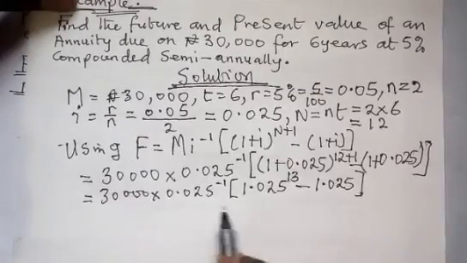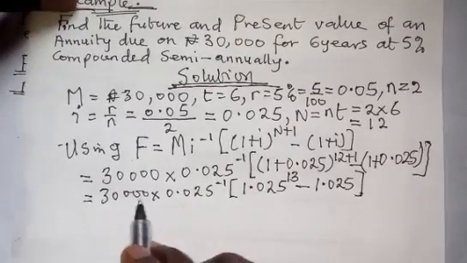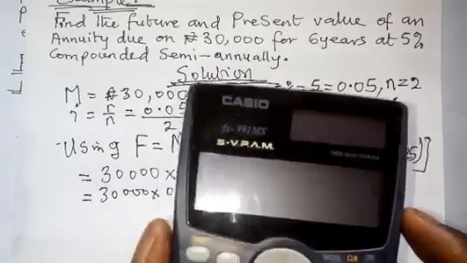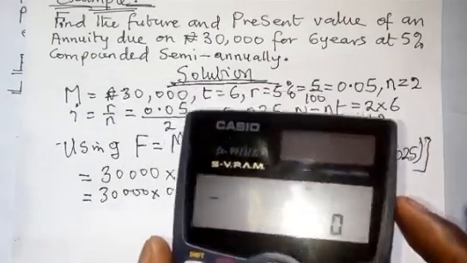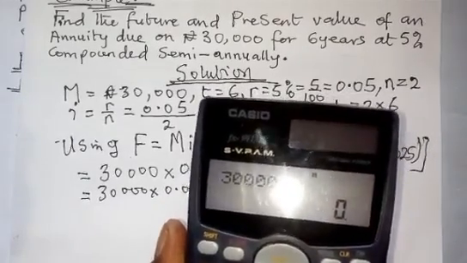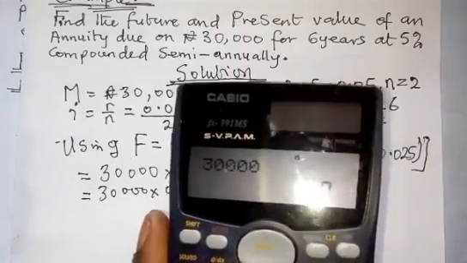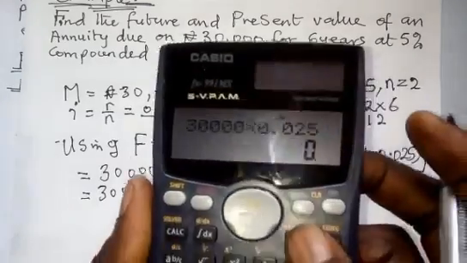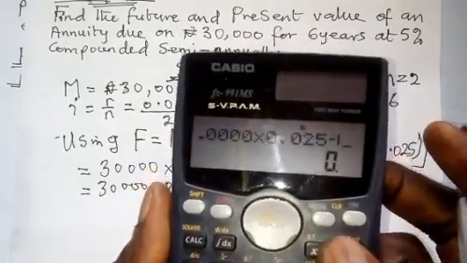So at this point, we are going to use our calculator to get the answer directly. Here we go. We take our calculator, turn it on, and say 30,000, multiply by 0.025 power minus 1.